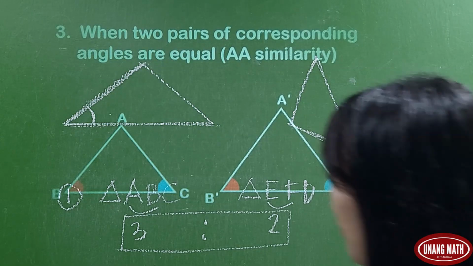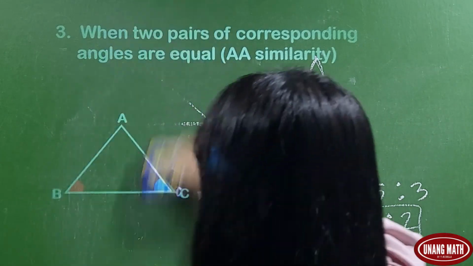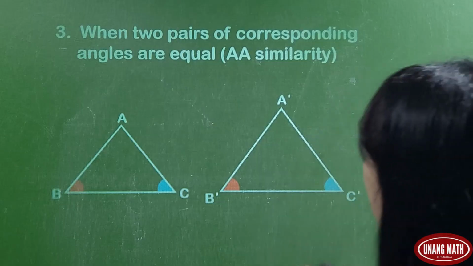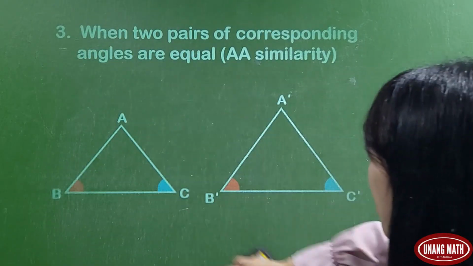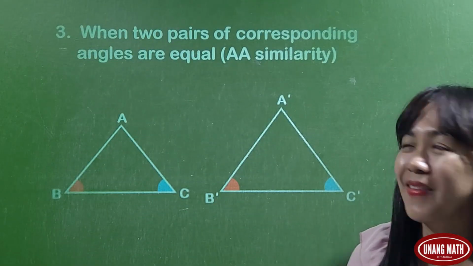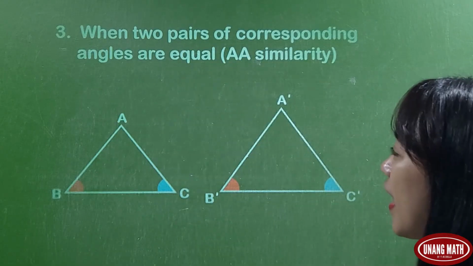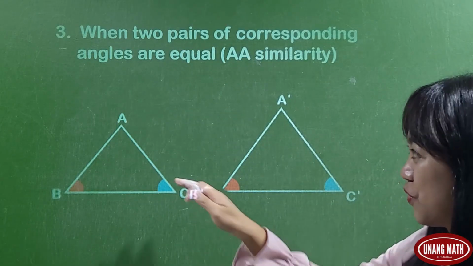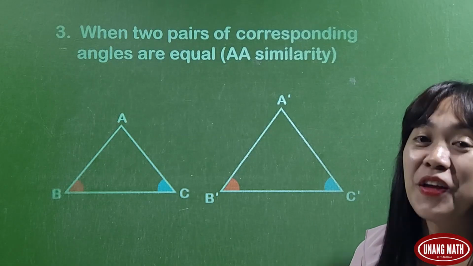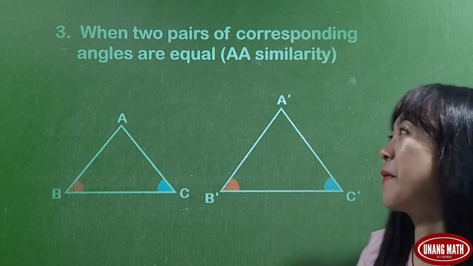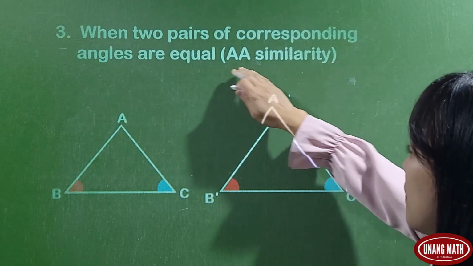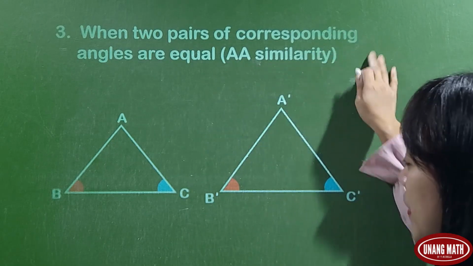Okay, now for the third and last condition, according to this, when two pairs of corresponding angles are equal, then those two triangles are similar figures. What does it mean by this one? This is also what we call AA similarity.